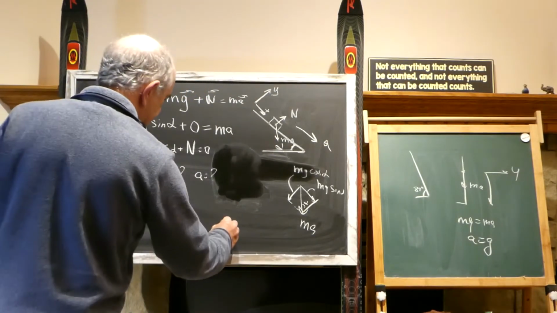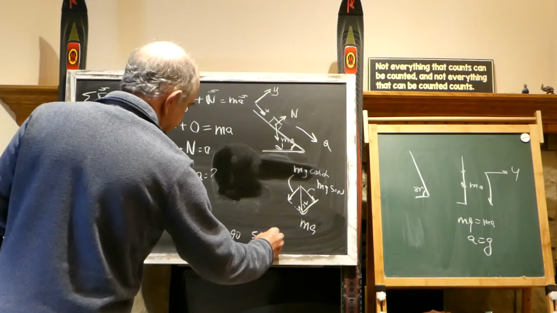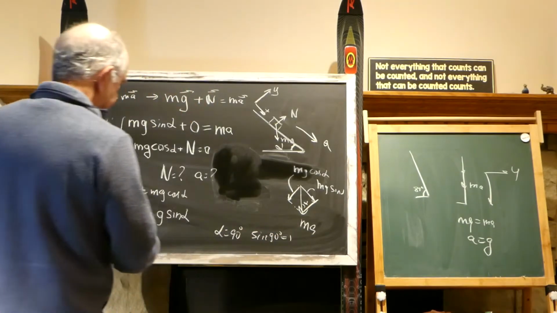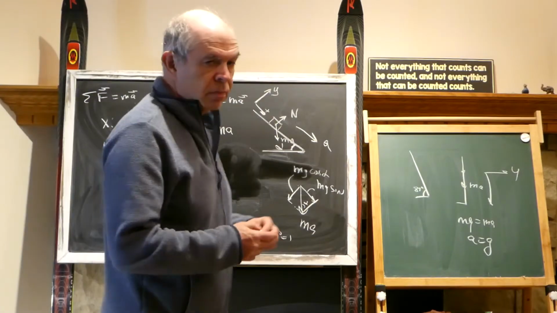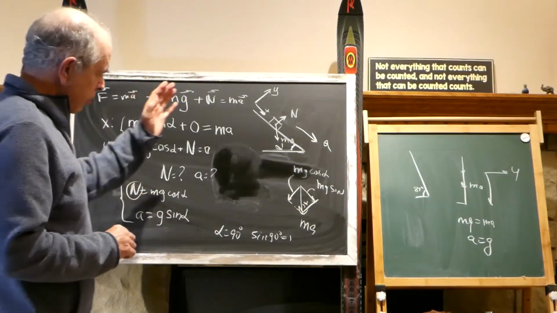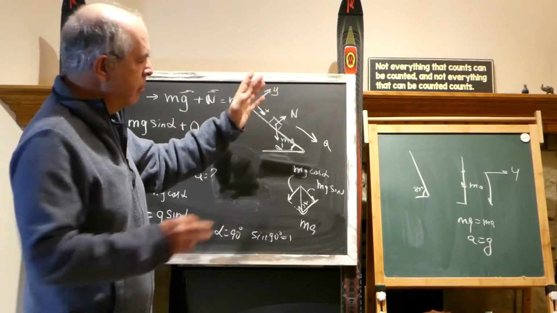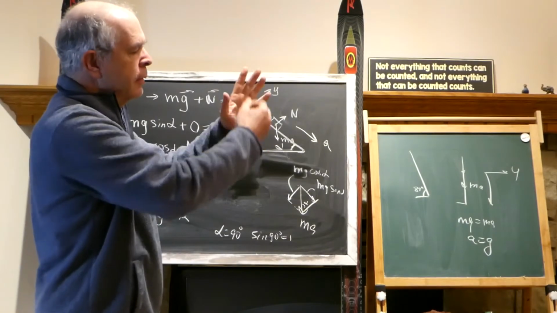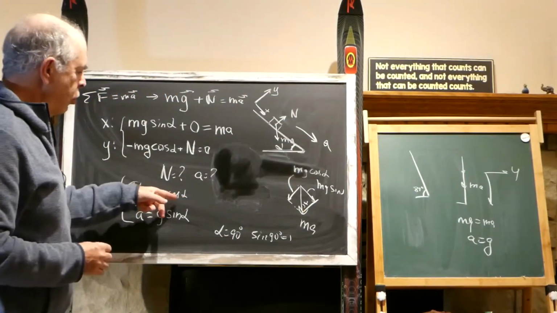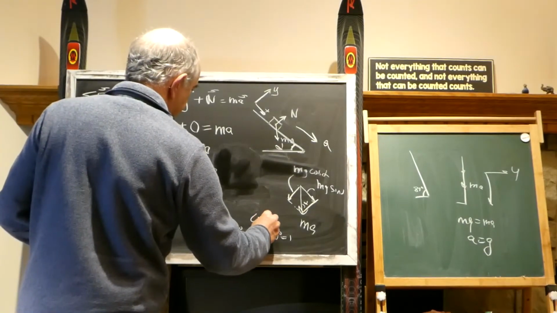Now let's plug alpha equal 90 degrees, sine 90 degrees equals 1, and we have a equal g, so it makes sense. So if this is a vertical incline, it's free falling, there is no friction, nothing. N also disappears because cosine of 90 degrees is 0.